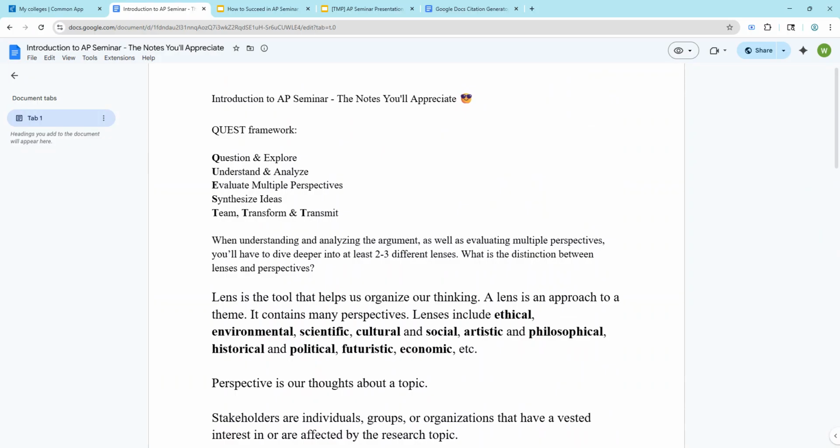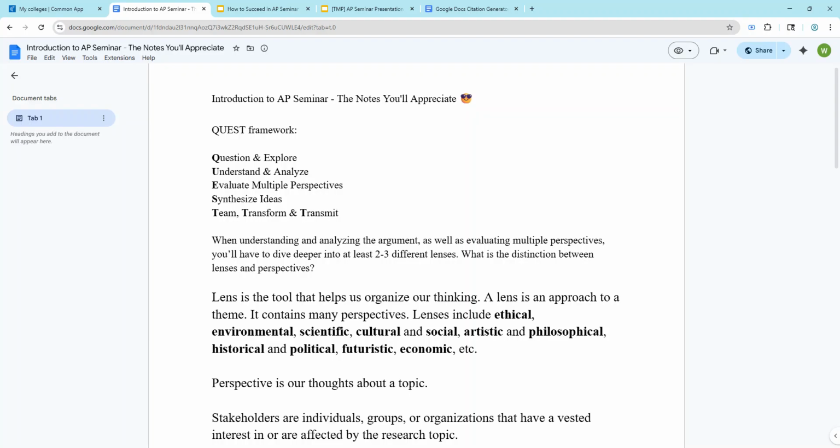Before I jump into the team multimedia presentation, I'll just be telling you about lenses, perspectives, and stakeholders once again. A lens is a tool that helps us organize our thinking. A lens is an approach to a theme. It contains many perspectives.